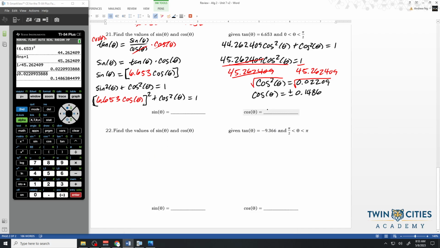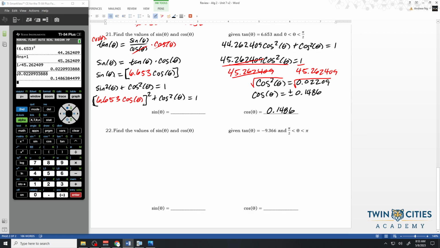Cosine of theta is 0.1486. Now you might think I'm out of room here and I've still got to find sine of theta. But remember, all the way back here, we had sine of theta is equal to tangent of theta times cosine of theta. We were given tangent is 6.653. And now we've found cosine.